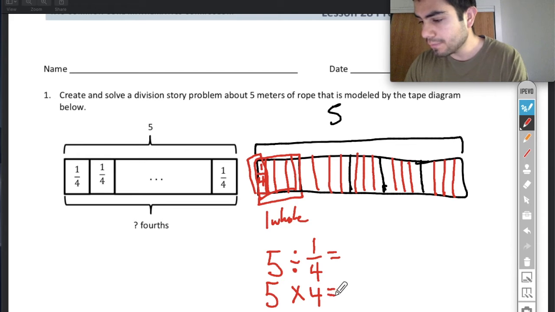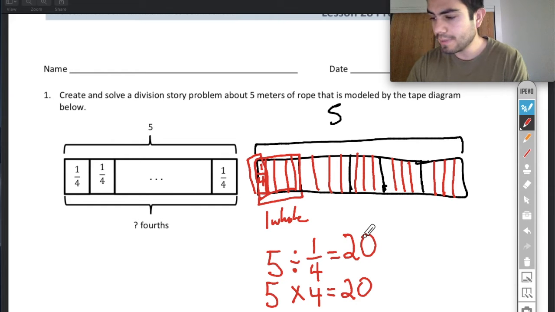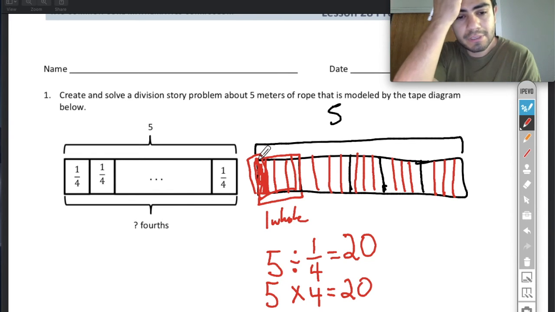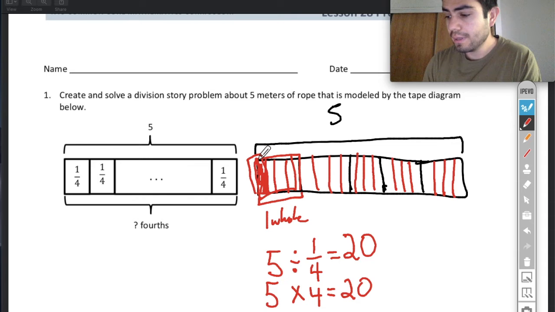So 5 times 4 gives us 20, which means that 5 wholes divided into fourths gives us 20 of these little pieces here. Okay, if it's still confusing, let's go ahead and do another one.